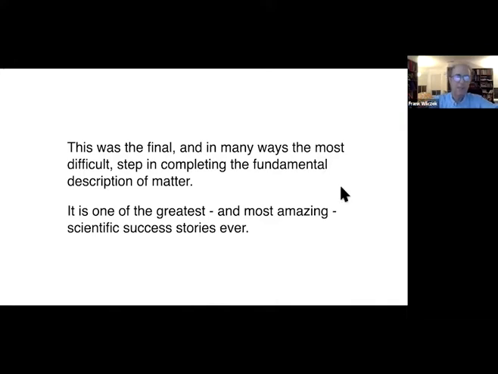And these kinds of calculations were the final and in many ways the most difficult step in completing the fundamental description of matter, and in my opinion are one of the greatest and most amazing scientific success stories ever. And it's based on the application of computation to fundamental physical laws. It would have been completely inconceivable without supercomputers to do these difficult calculations.